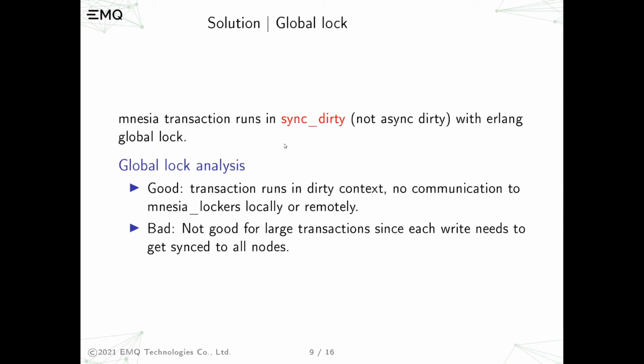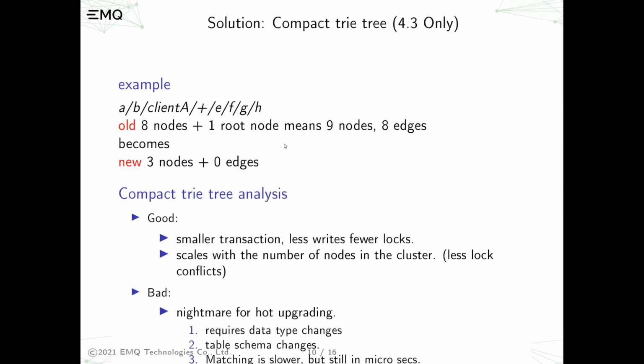What I mean is a group of writes, and then sync to the nodes. But currently Mnesia is not doing that in sync_dirty context. That's why we are also trying to find a better solution, which comes to the next one, compact tree.